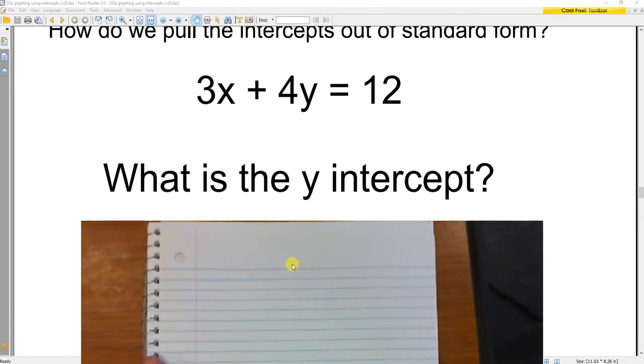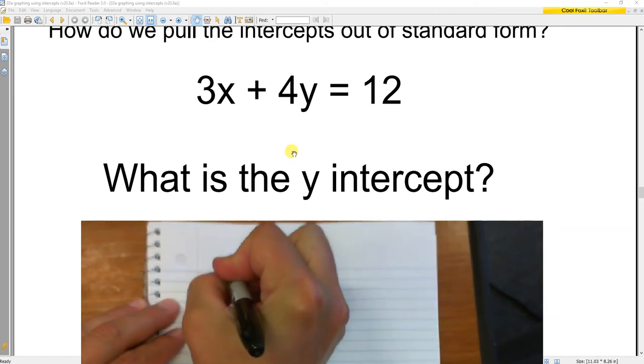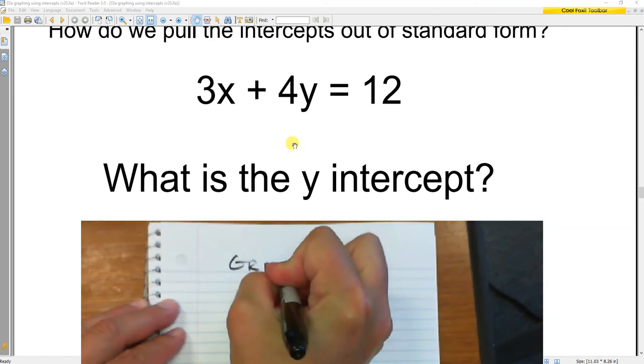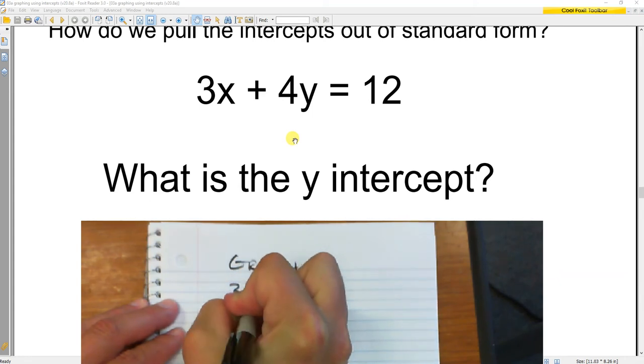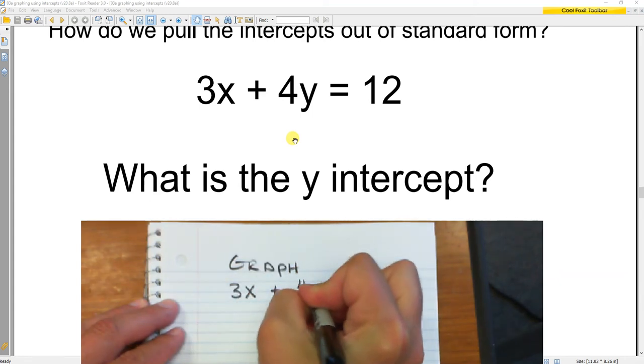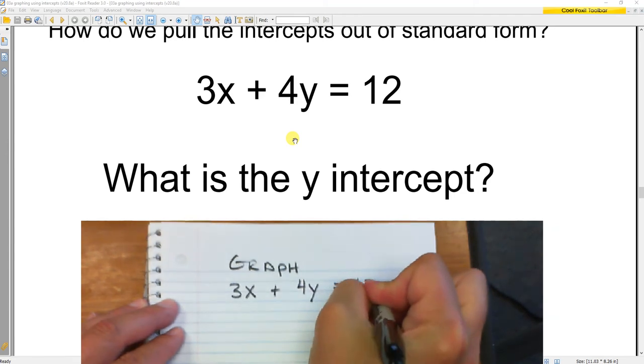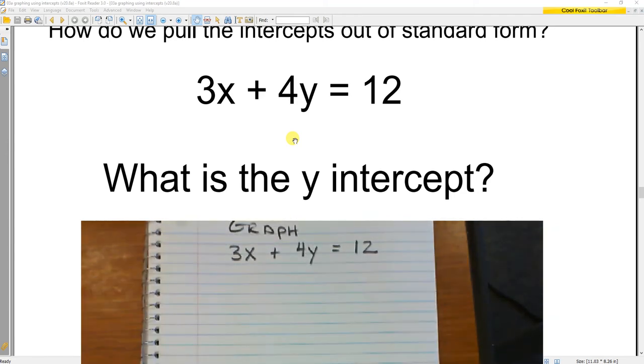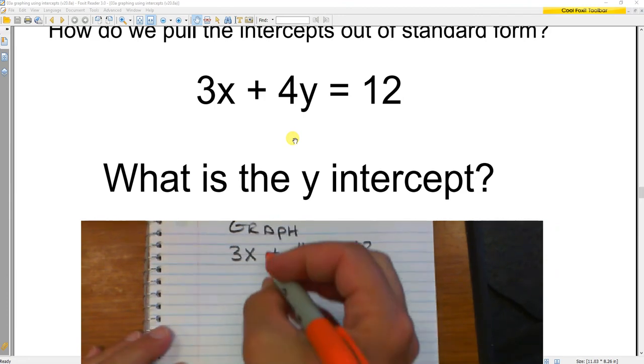So we're going to graph 3x plus 4y equals 12. To do this, I'm going to split it into two little equations.